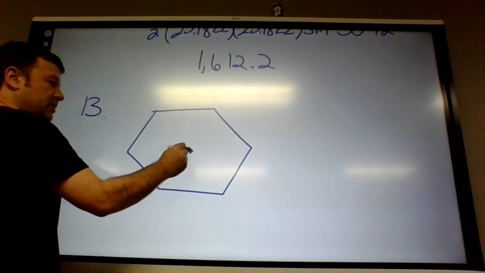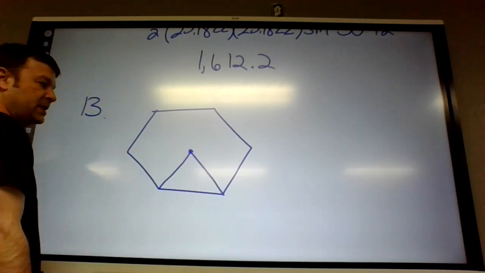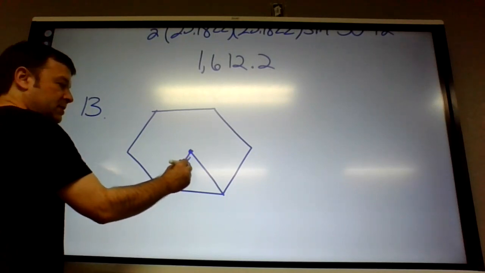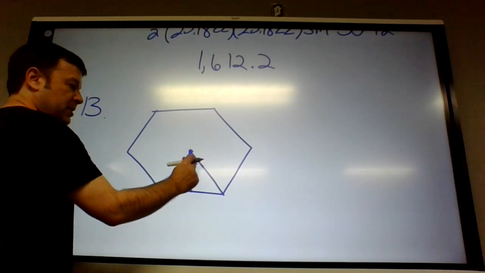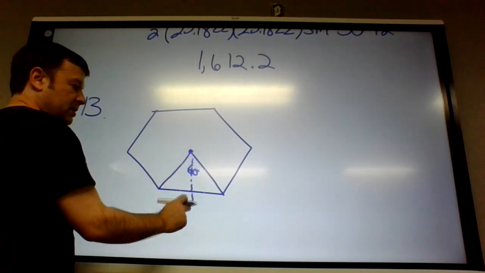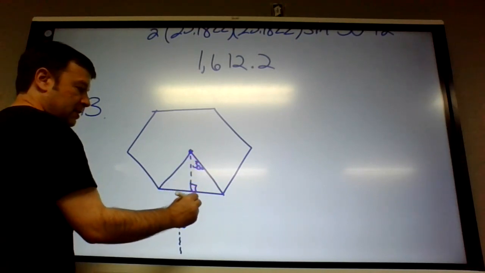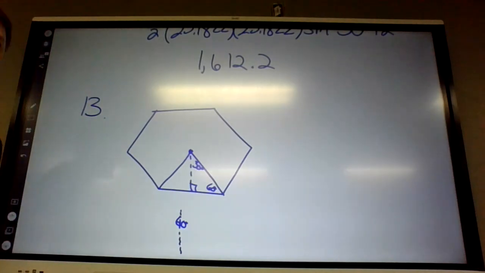When I draw in that central angle, what is the central angle going to be? 60 degrees. And when I split it with the apothem, it's going to be 30 degrees. And that's 90, so it's a 60, 30, 90. It's a special right triangle. So we could use trig, but if you remember the special right triangle ratios, we could use that too.